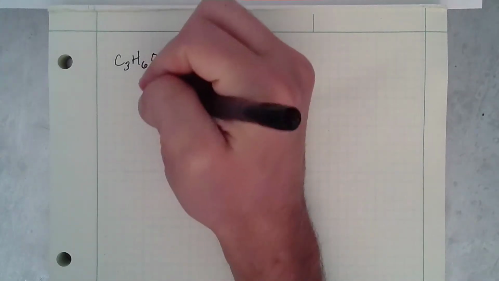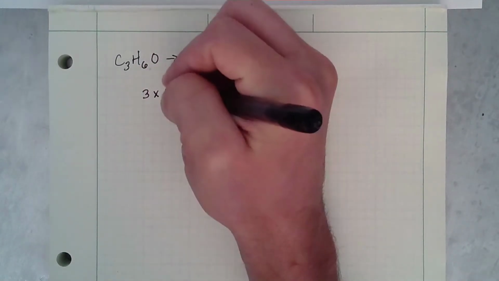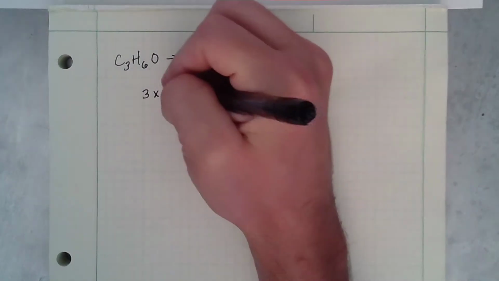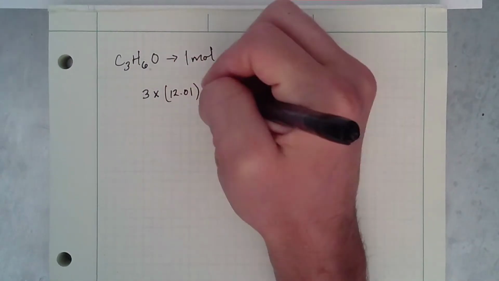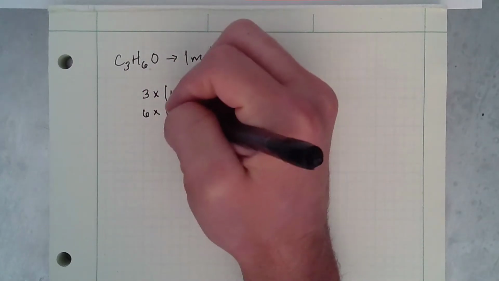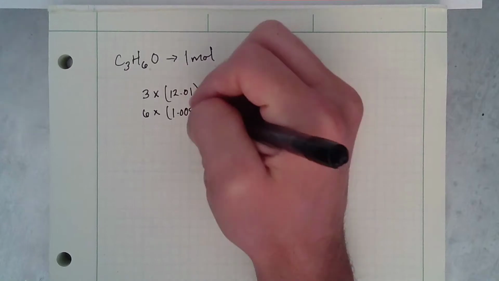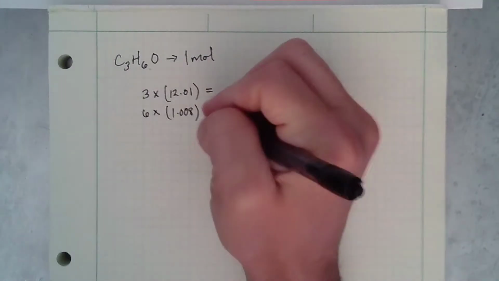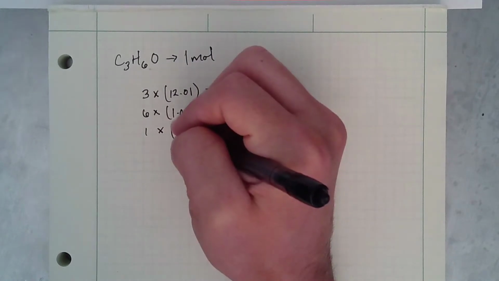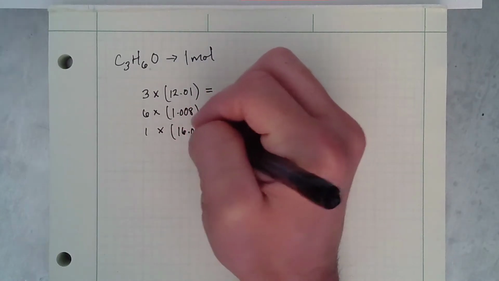So it's going to be 3 times the atomic mass of carbon, 12.01. 6 times the atomic mass for hydrogen, 1.008. And then just 1 times the atomic mass for oxygen, 16.00.